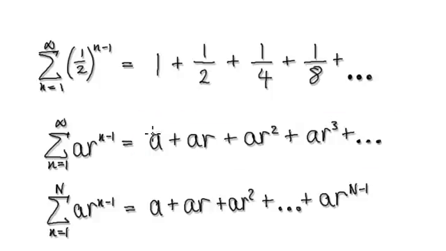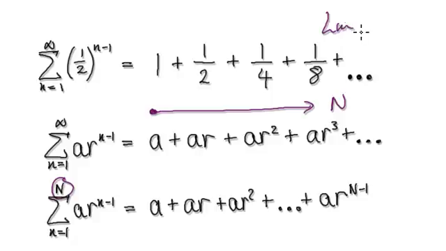The way we're going to do that is, rather than summing up from the first term all the way to infinity, let's just sum it up from the first term to some capital N, and then later on we can take the limit as N tends to infinity.